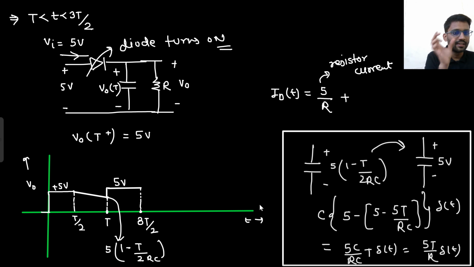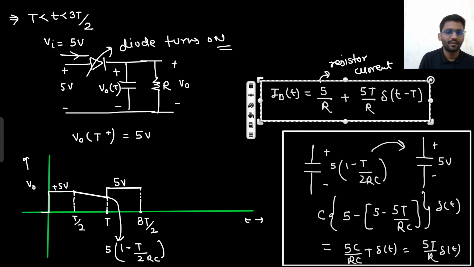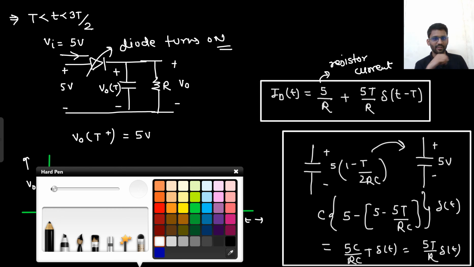So the current would be 5t by R into delta T. That would be the resistor current, 5t by R, but I should not write delta T here. This is all happening at time T, so I should write delta T minus T. So this is my diode current. Are you getting this point?